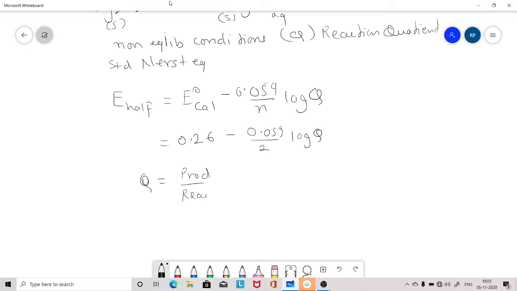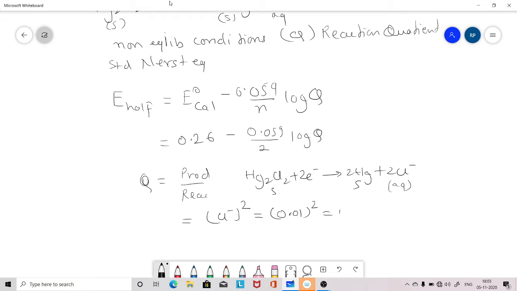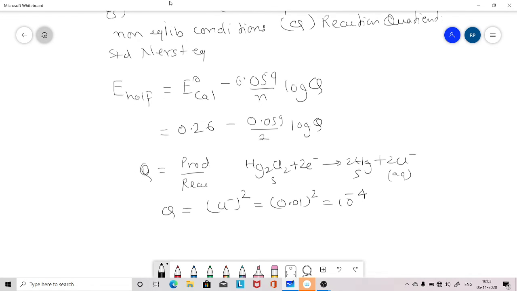In this reaction, Hg2Cl2 plus 2 electrons to give 2 Hg plus 2 chloride, the Hg2Cl2 and Hg are solids, so they are counted as 1, and chloride ion is aqueous, with concentration given as 0.01 molar. Only chloride ion squared will be there because of the 2, so 0.01 molar whole squared becomes 10 to the power minus 4. So that is your Q value, 10 to the power minus 4.